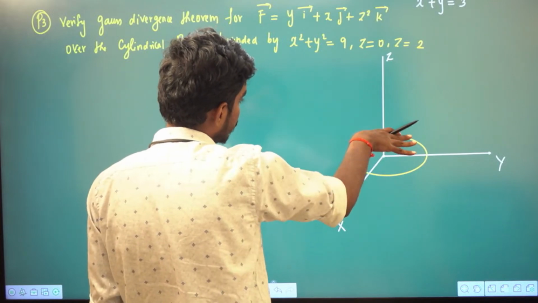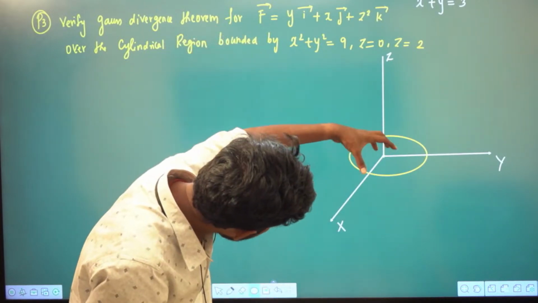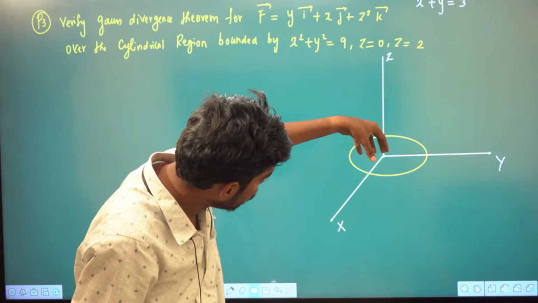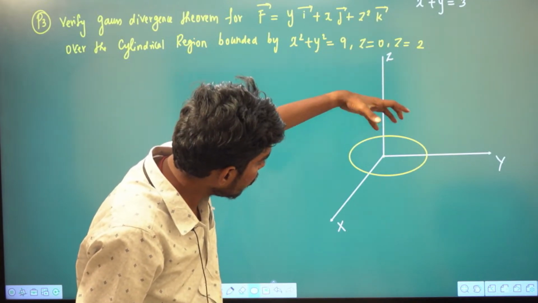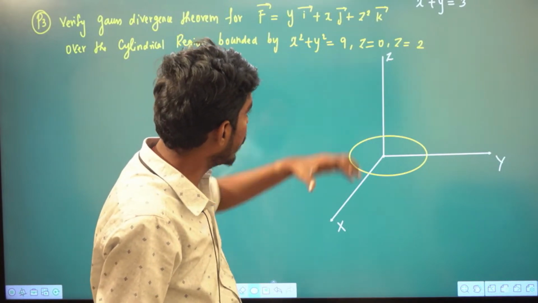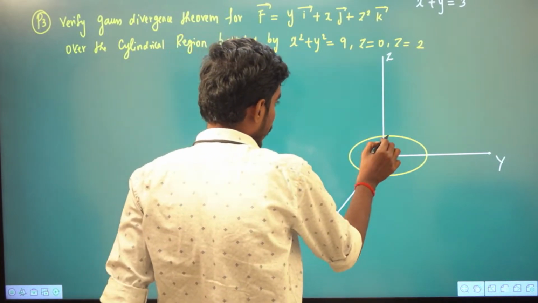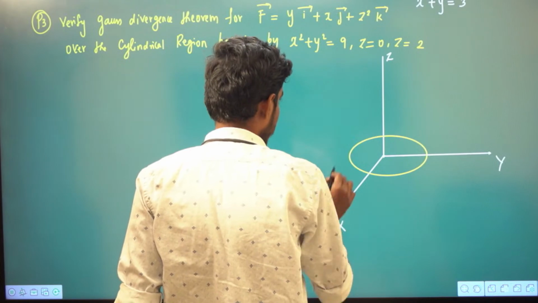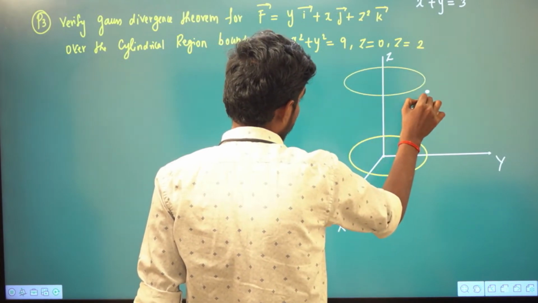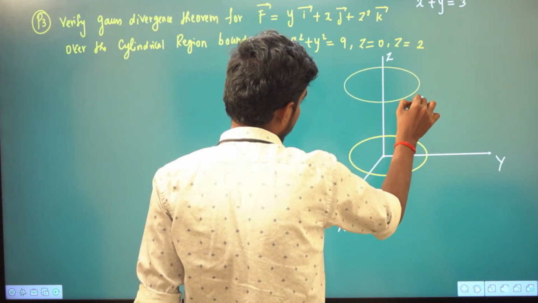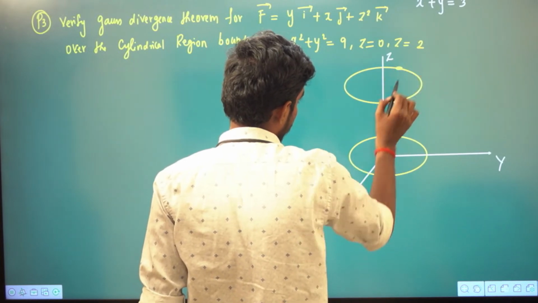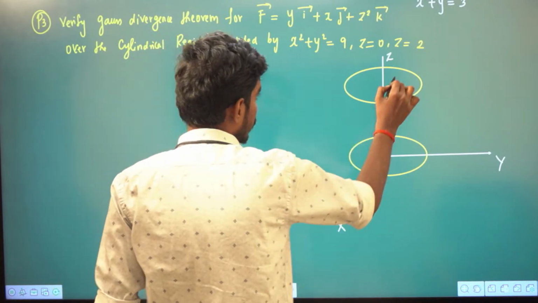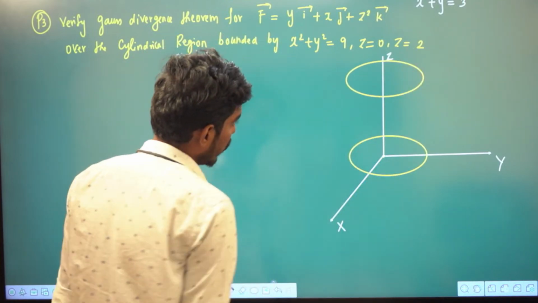So z is 0. See, imagine this is 3D. So this circle is on xy, z is 0, right? That is distance from, it is on z is 0. Z is 0 to 2. So you will have one more this also. The same circle I'm drawing in top.